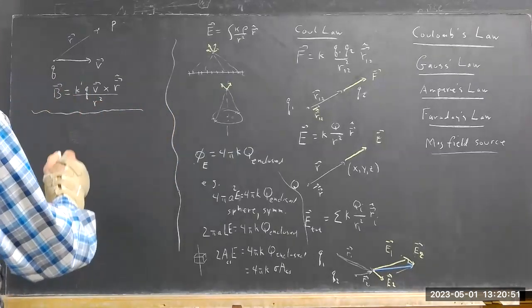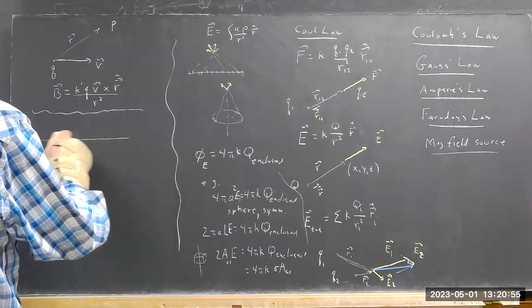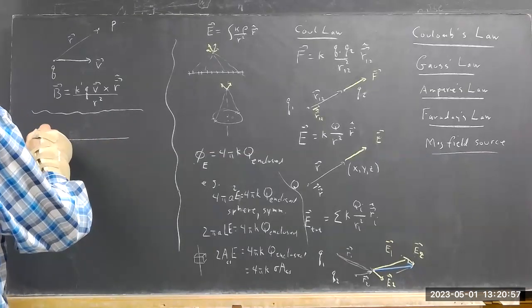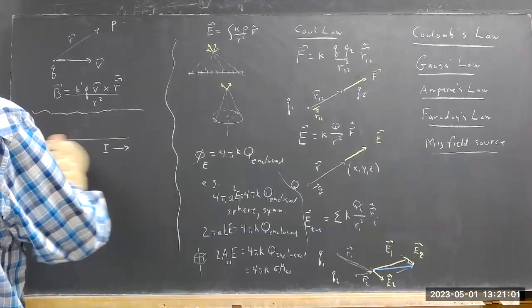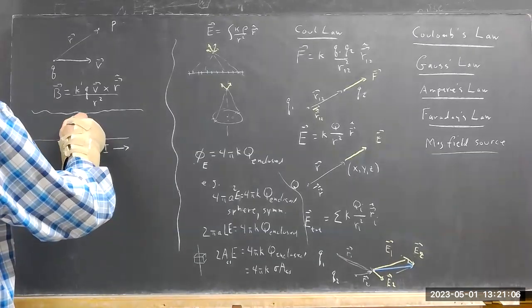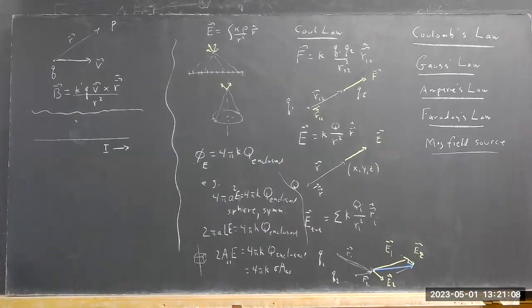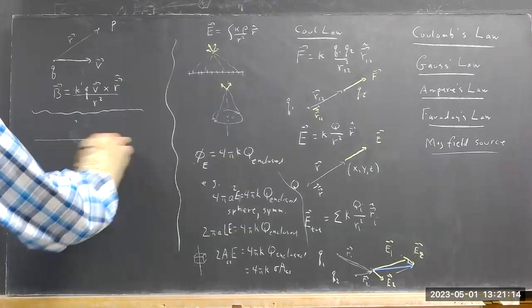The other picture: if you've got the current I going along the line, you've got a point here where you want the total magnetic field.